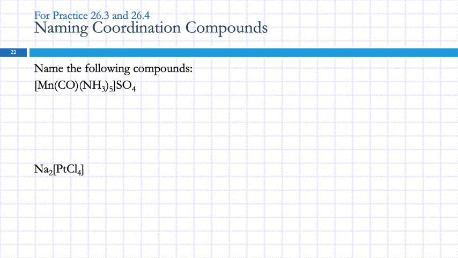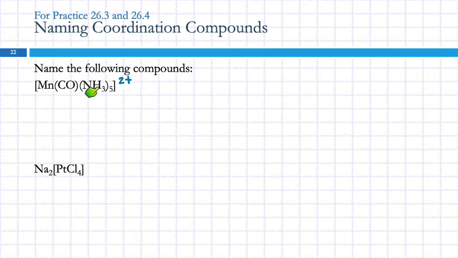Okay, let's practice. Name the following compounds. This should make the stuff in 1A seem easy in comparison. Okay, so the complex ion formula is in brackets. And so sulfate here is the counter ion. If we just look at the complex ion first, this is going to have a 2+ charge.